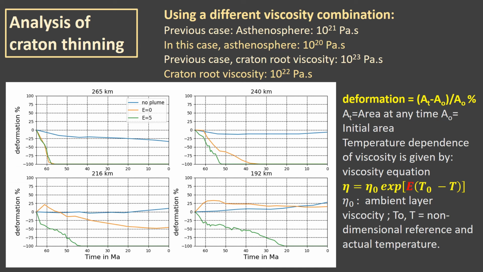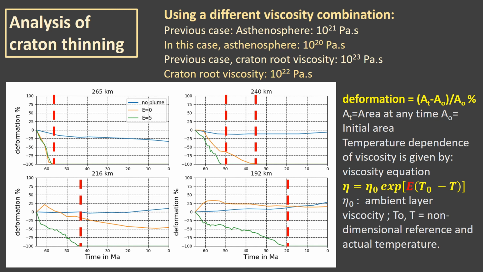We'll show another case from a different viscosity combination where the asthenosphere viscosity is slightly decreased. This is 10 to the power 20 Pascal seconds, and we also reduce the craton root viscosity to 10 to the power 22 Pascal seconds, and we see that in this case the deformation is even faster.